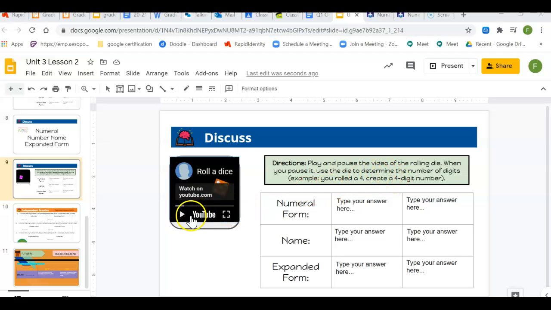Okay, so I'm going to play it and I'll demonstrate it. So I'm going to hit this and I'm going to pause it. So I pause it and I've created a 6-digit number. So that means that I've got to have a number with 6 digits.